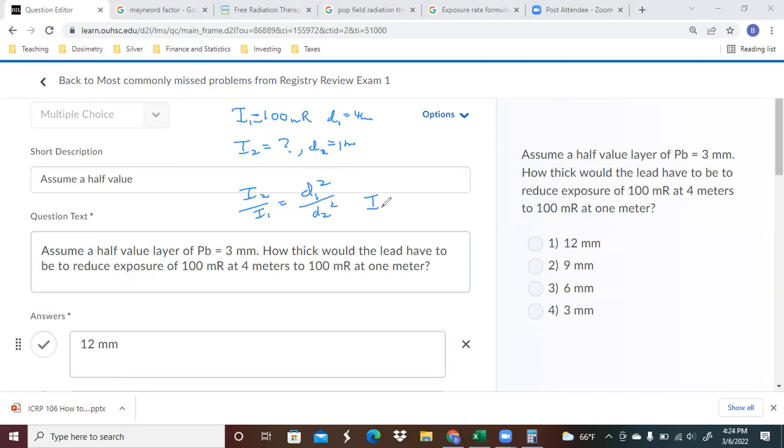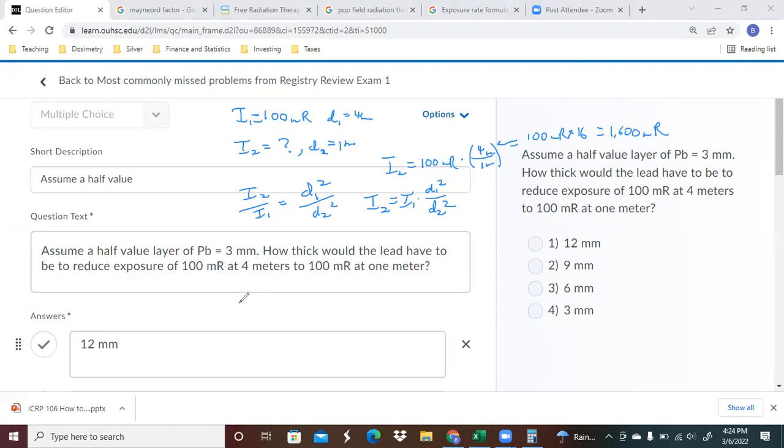So since we're getting closer, that would mean this would be true. So in this particular case, the original intensity is multiplied by 4 over 1 quantity squared. So this is equal to 100 milliroentgens times 16, or in this case, 1600 milliroentgens. So that's what's going on currently.